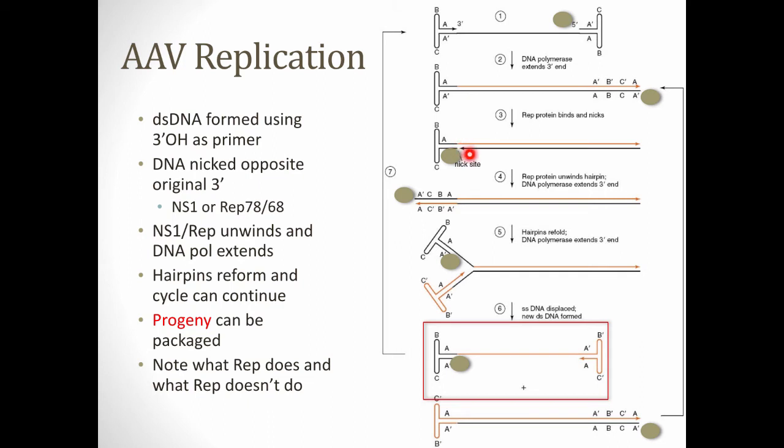The cellular polymerase can also extend out to the far end of the genome. Both ends of the genome now can form secondary structures, just like we had here. This can either be packaged directly as your new genome in your new virion, or can serve as a template for replication of more genomes.